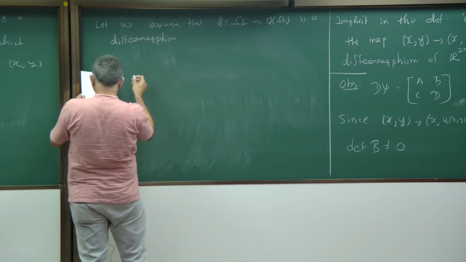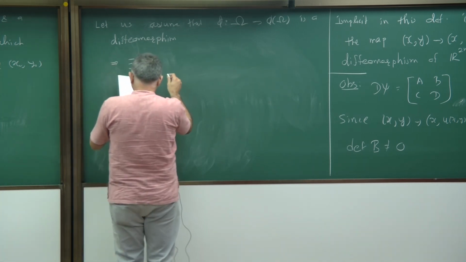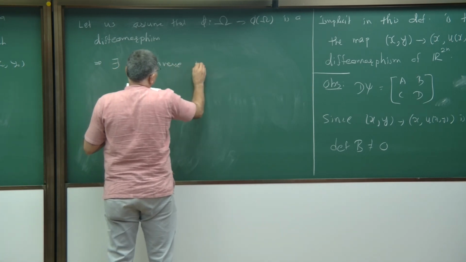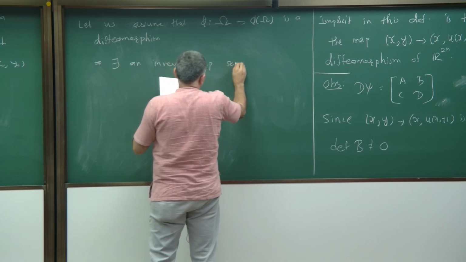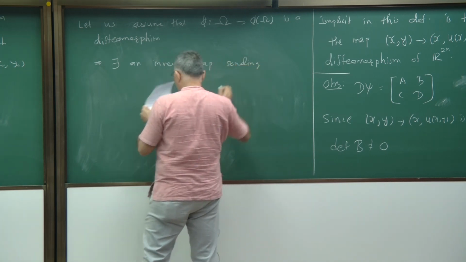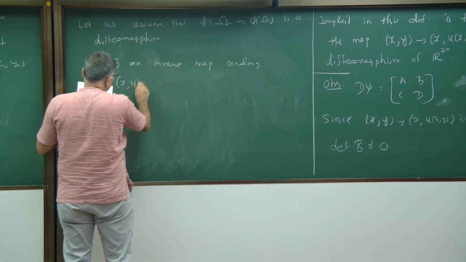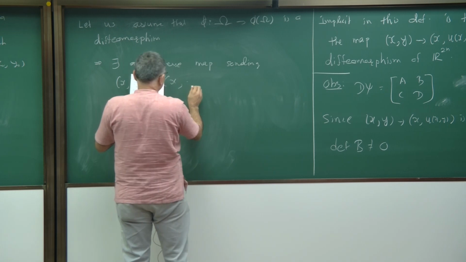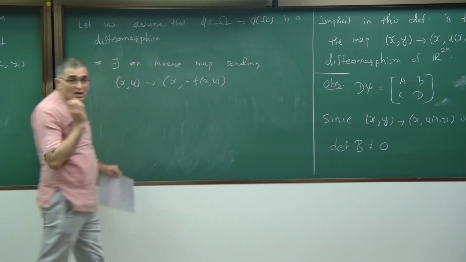Okay. The inverse map, this implies there exists an inverse map sending x comma u to x comma, okay.